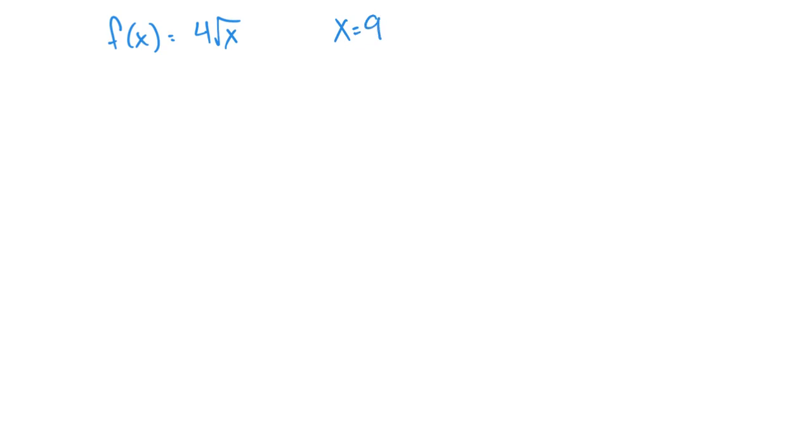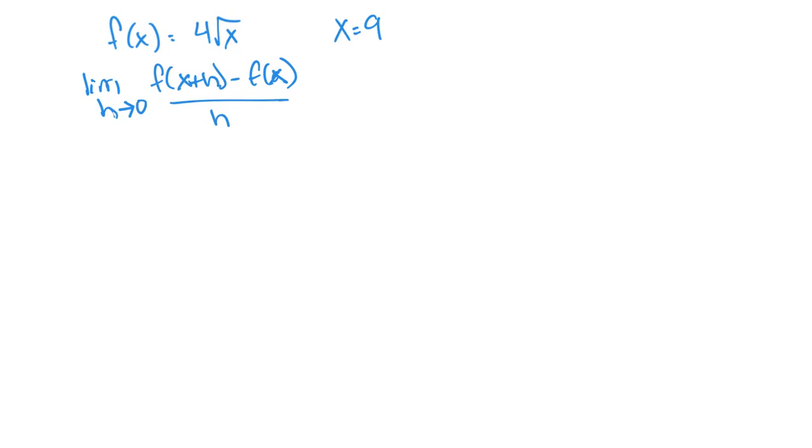So we are going to use the limit as h approaches 0 of f of x plus h minus f of x over h. Okay, so this is the derivative at that point. Okay, the derivative is also equal to the slope of the tangent line.